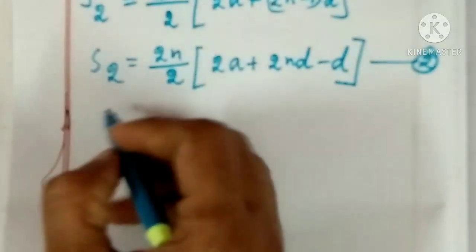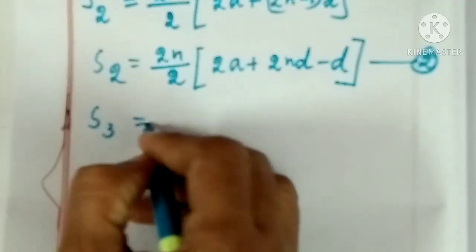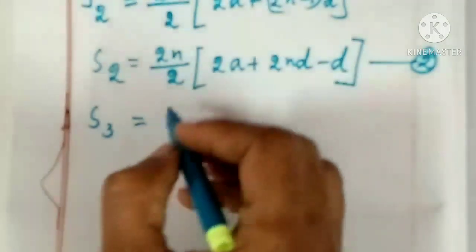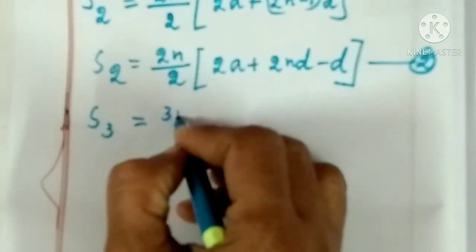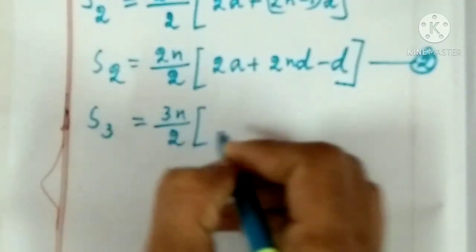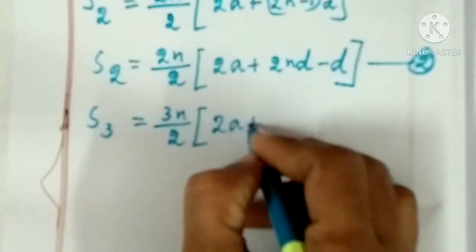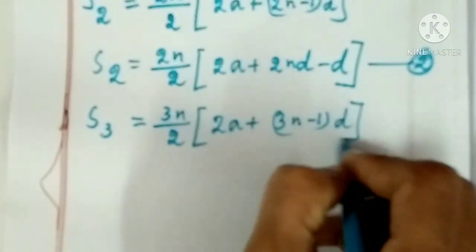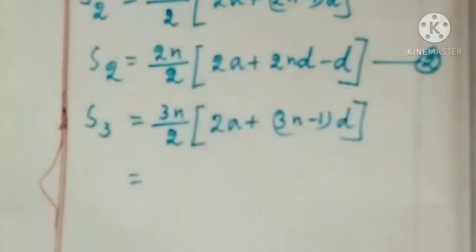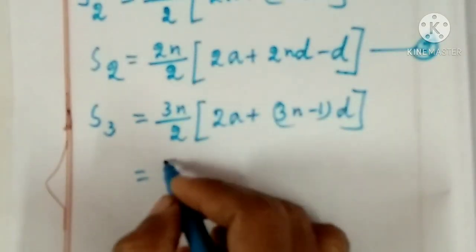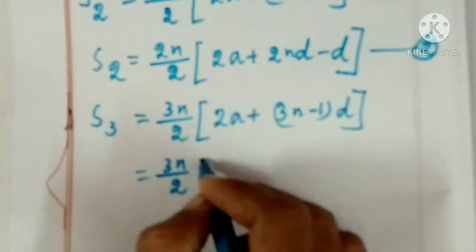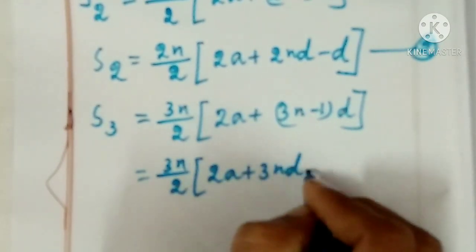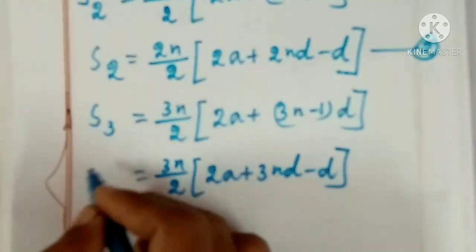Then next, given S3 is equal to, the number of terms of S3 is 3n terms. Therefore, 3n/2 into (2a plus (3n minus 1) into d). Now you have to multiply this, which means we get 3n/2 into (2a plus 3nd minus d).